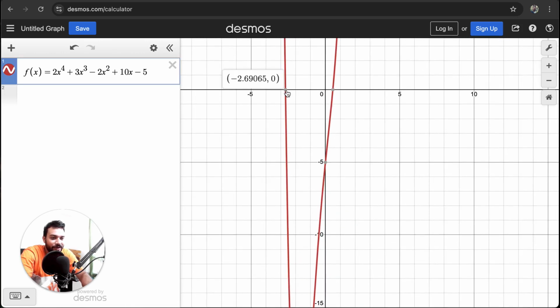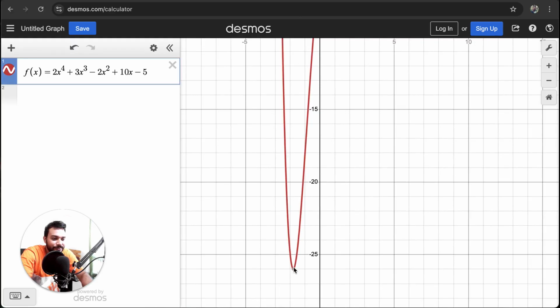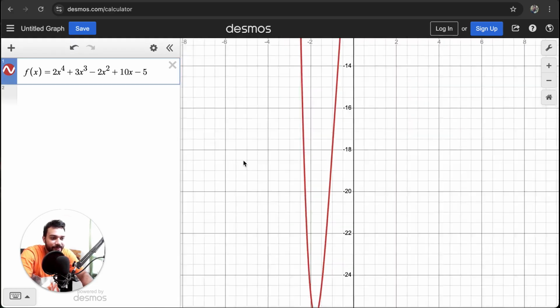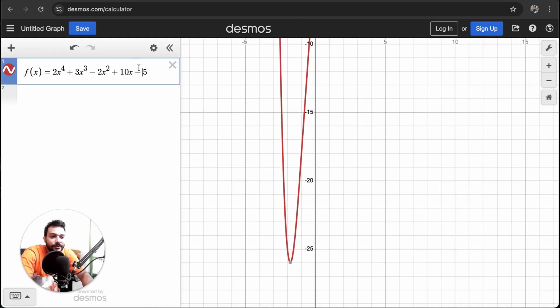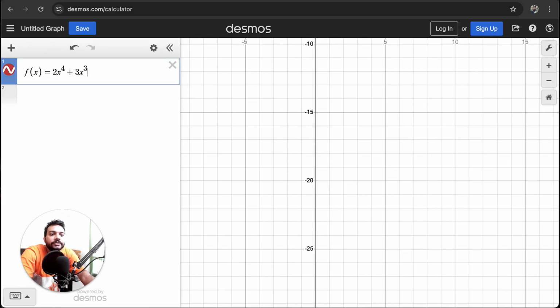Here are the roots, 1, 2, okay, this is the y-intercept, and here's a vertex. So even if you don't know the nature of the curve, just by keying in the equation, this gives pretty accurate results.